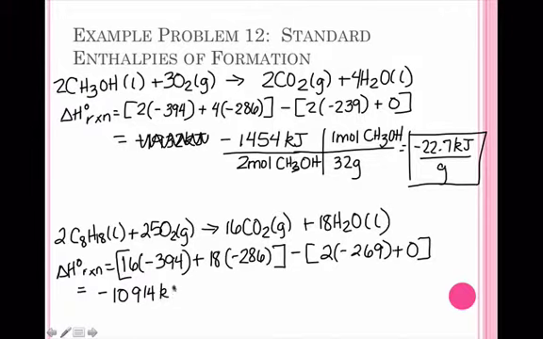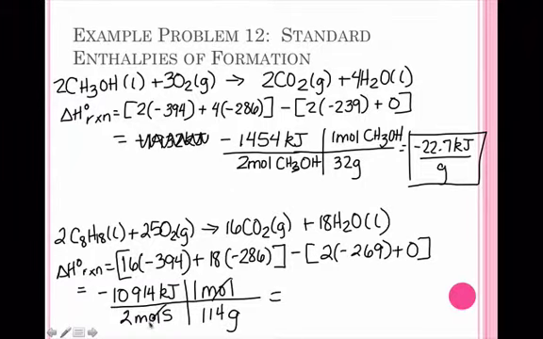10,914 kilojoules. And again, that's for every 2 moles of your octane. So 1 mole, and then if you add up octane, it's 114 grams. That way your moles and your moles go away, leaving you in kilojoules per gram. And when you put that into your calculator, you get a negative 47.9 kilojoules per gram.